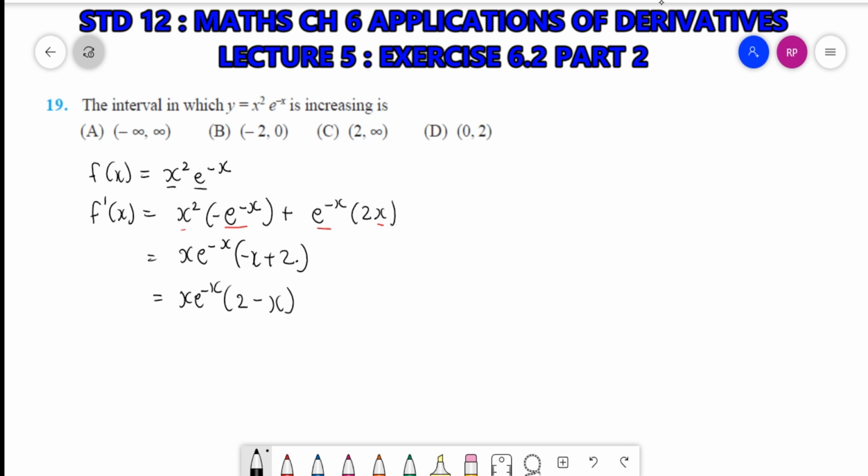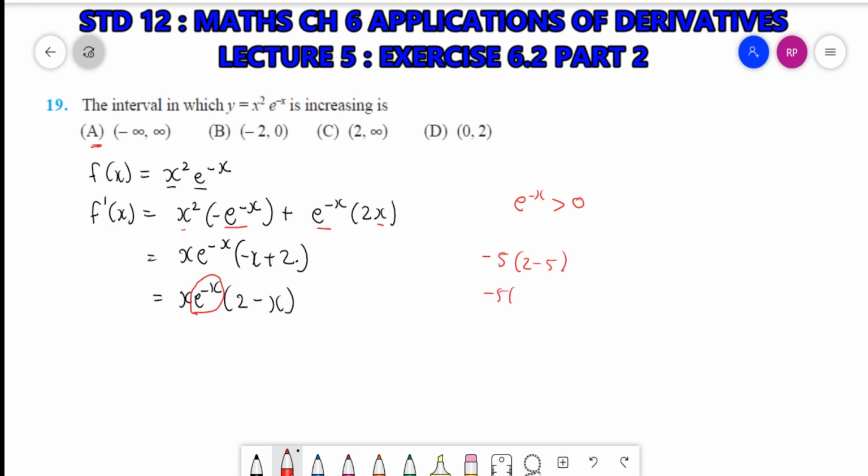Okay. Now see here, the value of e is 2.17. So whatever power it is of a positive number, this will always be greater than 0. That means e raised to minus x is always greater than 0. Now we remain with x into 2 minus x. Okay. Now if I take option A, let's take minus 5. Then this will be minus 5 into 2 minus minus 5, that is 2 plus 5. Sorry, my mistake.